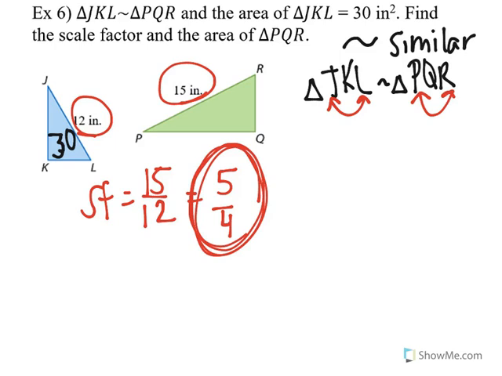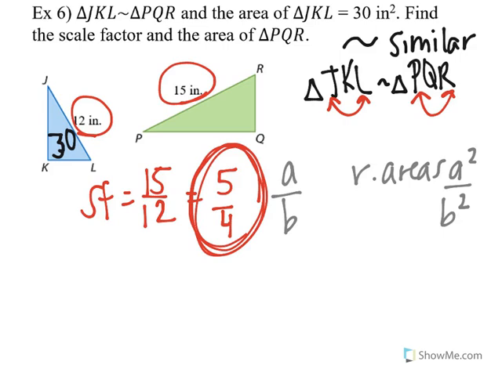Now let's get into the new stuff. If my scale factor is A to B, then the ratio of my areas is A squared to B squared. This lends itself to setting up a proportion. The ratio of my areas is equal to my two scale factors squared.